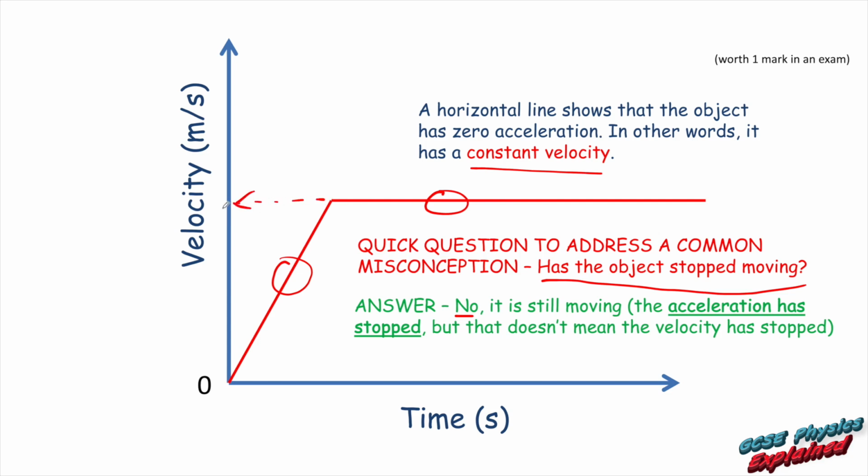For the velocity to be 0, it would have to be down here. So the object has definitely not stopped. If it was a distance time graph, yes, when it goes flat, that means the object stopped. So don't get your velocity time graphs mixed up with your distance time graphs. That's what students always do.